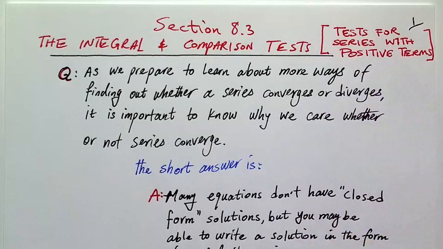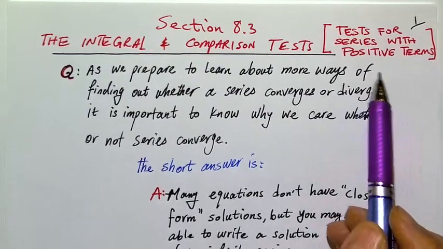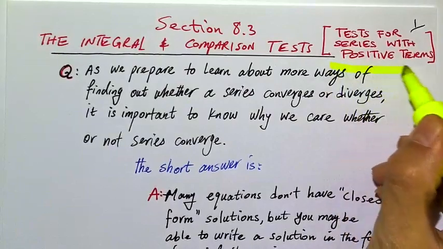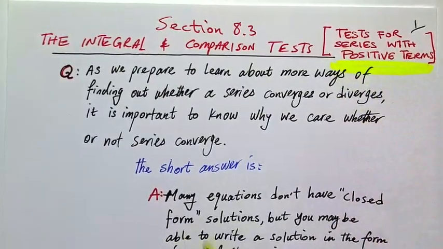Now, in the next section, 8.4, we will talk about tests that apply to series that have positive and negative terms. But in this section, we're only focusing on testing series that have positive terms.